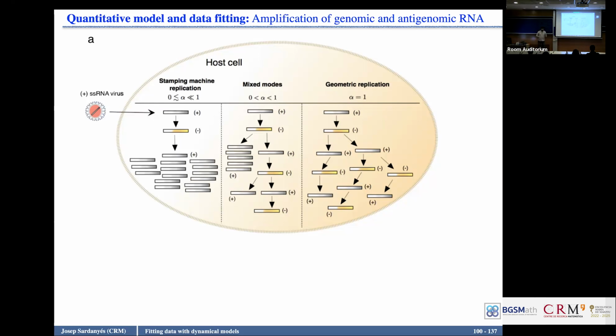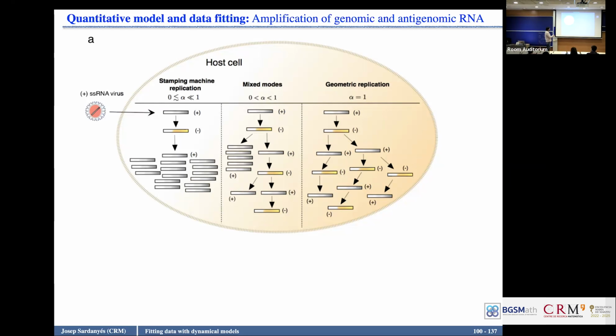This is something that was not known a few years ago, but there are some works that provide evidence of the type of mechanism. One important thing: we know that viruses make a lot of mistakes. They have very large mutation rates, and you can imagine that it is not the same to have this mechanism as this one.